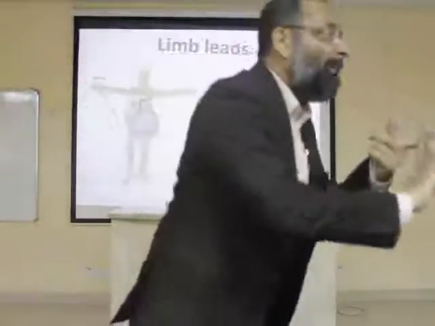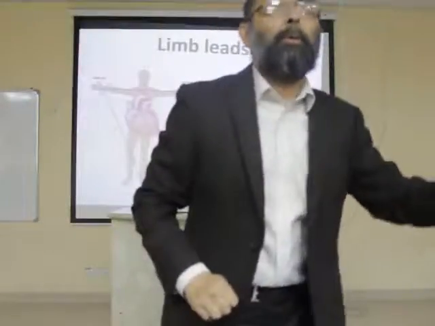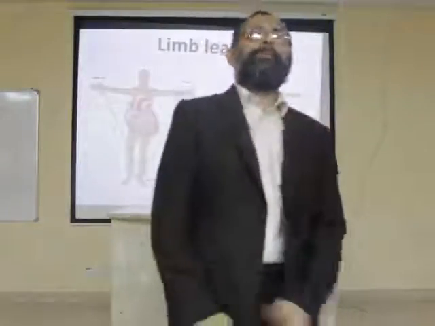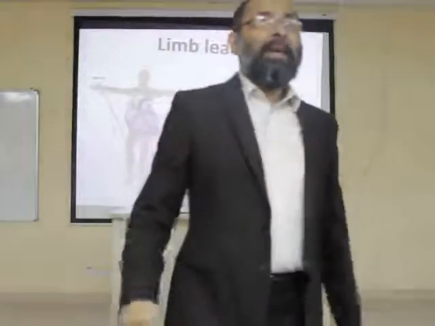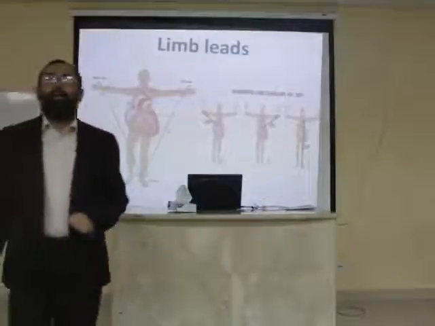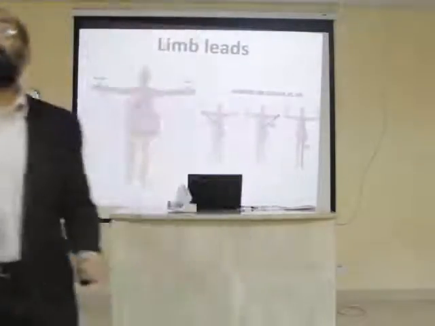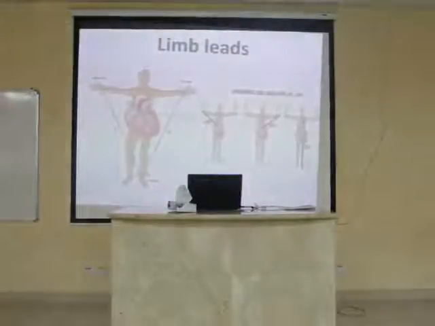3 more limb leads. These are augmented leads. Unipolar or bipolar? Unipolar. One is called AVR, one is called AVL and one is called AVF. One by one.